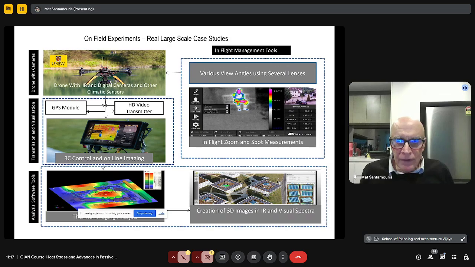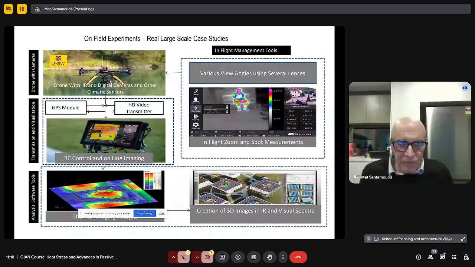I'd like to show you some of these experimental campaigns we're using in my university, but these are very common everywhere in the world. For example, for all the experiments we're doing in the built environment here in Sydney, we're using a drone with a thermal and a visual camera.